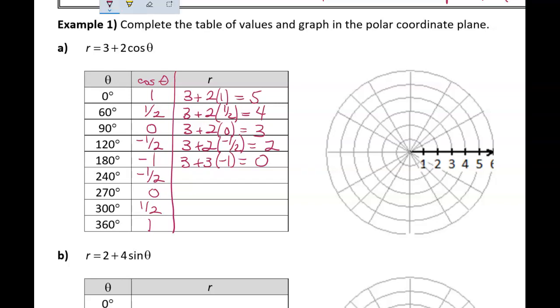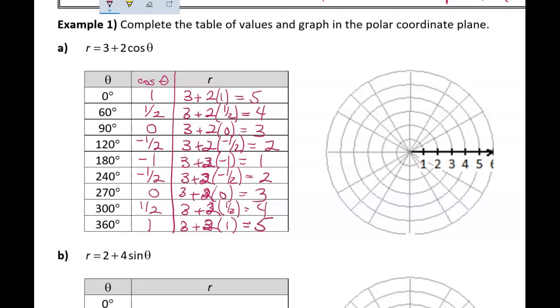Let me check my arithmetic there. 3 plus negative 2 is positive 1. And then we head back up from there to a radius of 2, 3, 4, and finally back up to 5. I see what the issue is: I miscopied those second numbers in each of the computations. The final computations are correct, but I miswrote those.